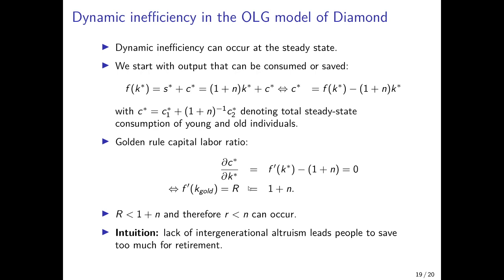And the intuition behind this result is that there is a lack of intergenerational altruism in the basic OLG model. So people save for retirement, and there is a strong incentive to save for retirement. You don't have an income when you are old, and therefore you try to do everything for your consumption smoothing and save a lot, not considering which impact this has on the interest rate of following generations. So that's the intuition why dynamic inefficiency again can occur in the overlapping generations model.